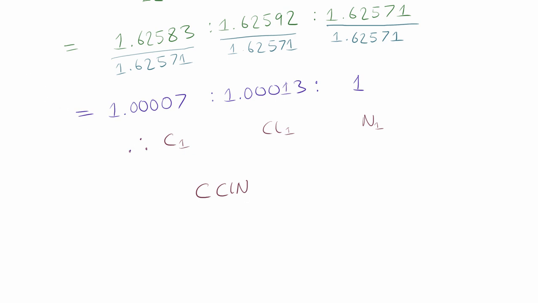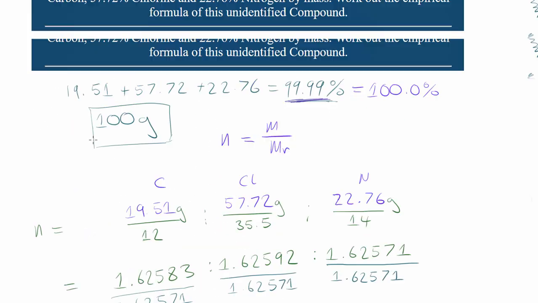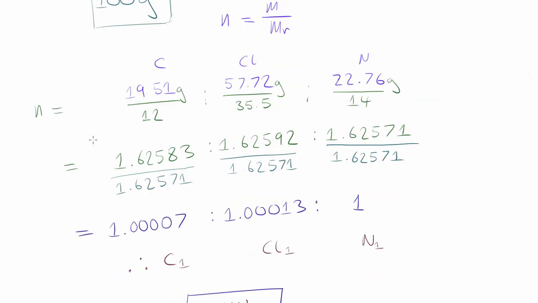So in this particular case, the empirical formula is CClN. So that is effectively the empirical formula.